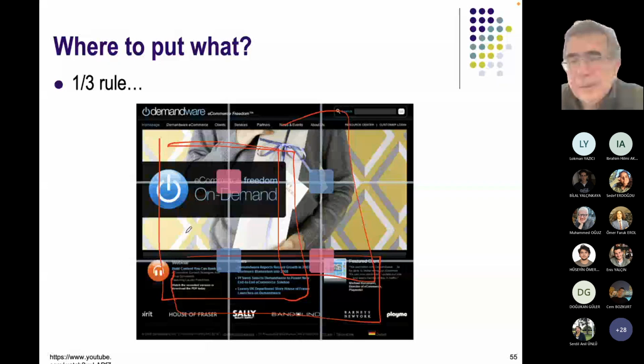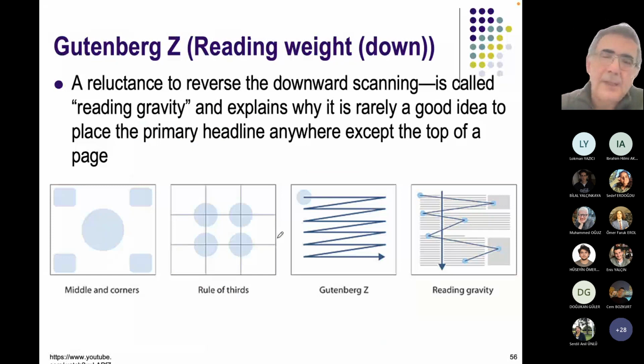So here, for example, upper 6 is occupied by the image and lower 3 is occupied by the content. It could be left, right as well. So 1-3 rule is quite interesting in terms of visual design. If you are interested in this, you can type the 1-3 rule in visual design and read more.